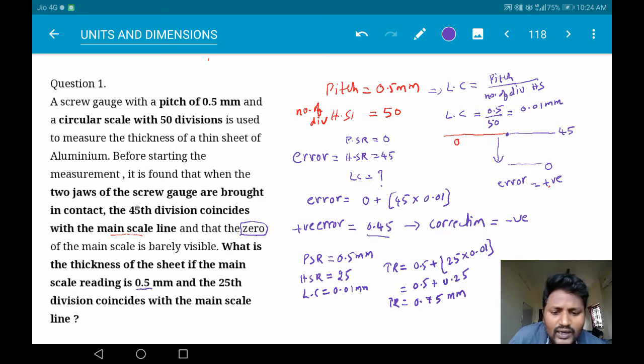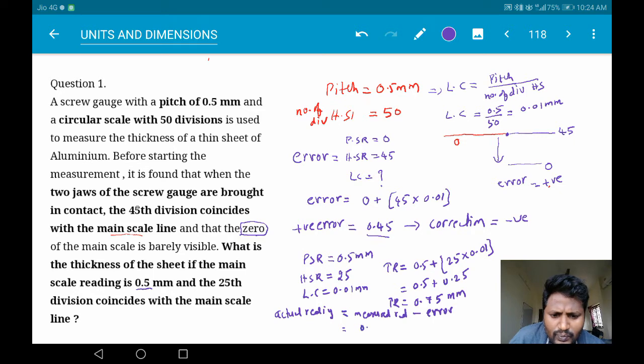So without error, we can write actual reading is equal to measured reading minus error, because here the error is positive, that's why I am taking minus.